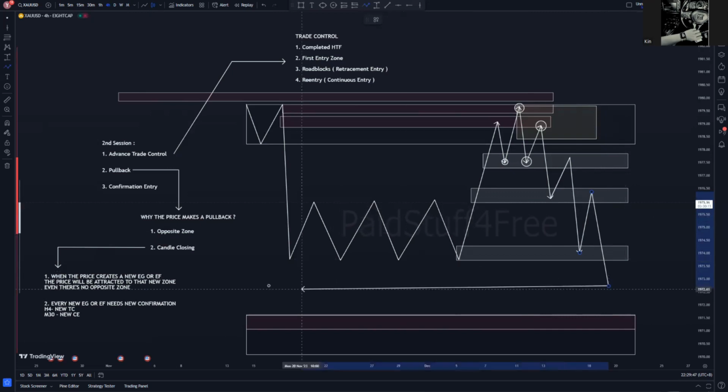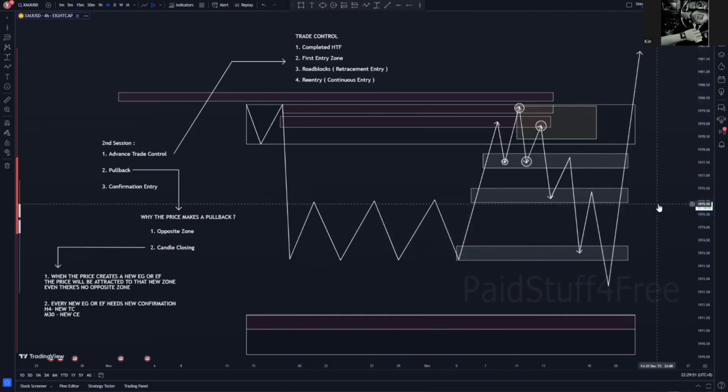It went down, there is no opposite zone, but the price went up like this. Why? Look back into our notes: the candle closing. Because there is no opposite zone, we look at the second one, candle closing. When the price creates a new EG or new EF, the price will be attracted to that new zone to make a pullback into that zone, even if there is no opposite zone.